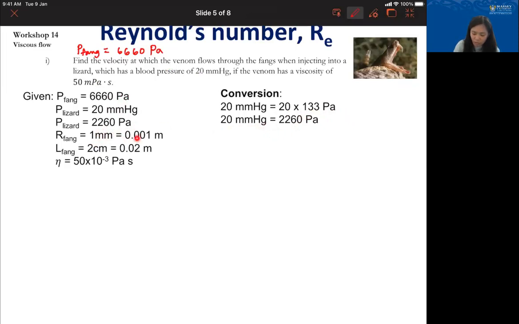The radius of the fang was given as before, and the length was also given. The viscosity, again, be careful with prefixes. Milli means 10 to the minus 3. Keep an eye out for those tricky prefixes, and convert the units accordingly.